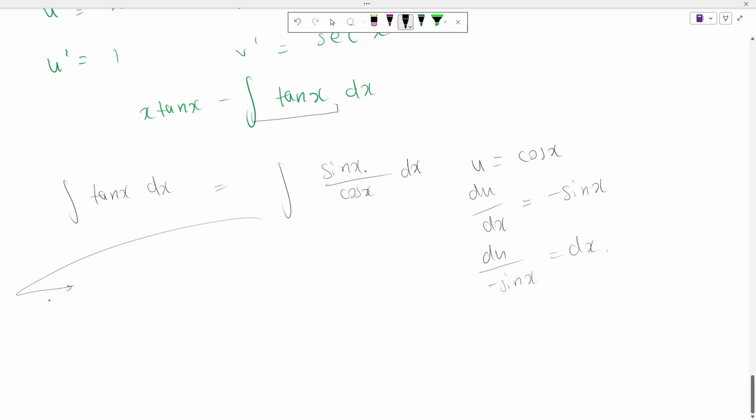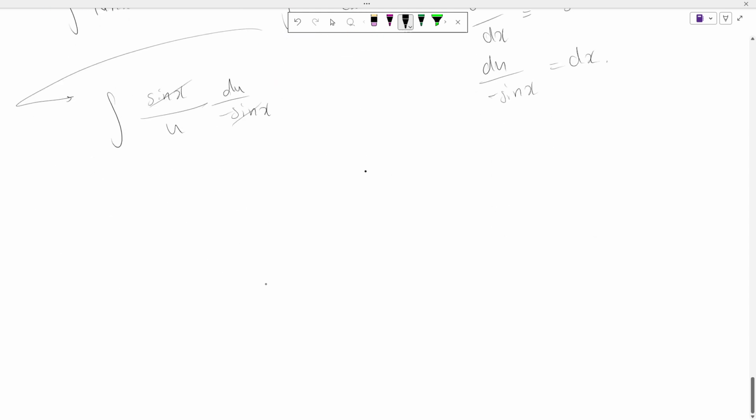Substitute this back into my original equation: the integral of sine x over u, du over minus sine x. These sine x's cancel out, so I'm left with the integral of minus 1 over u du, which is going to be minus ln of u.